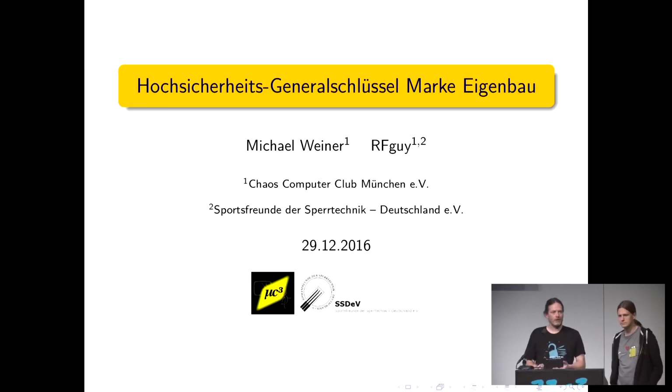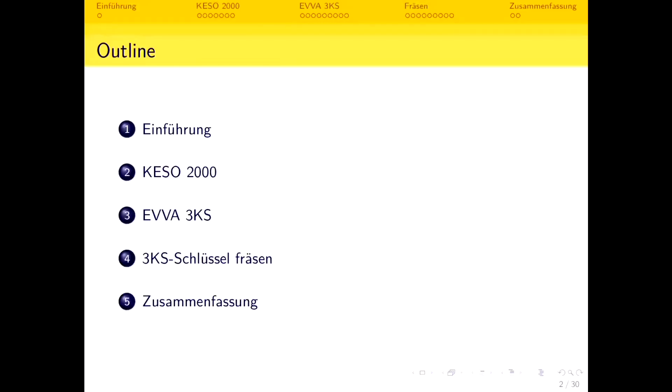Ray has also talked about this before. We're going to have that for your comparison. And then there's the 3KS system, so 3-curve system, which is used in many buildings. It's actually quite a sensible system, and we're going to show you how you can analyze one of these systems and use mathematical and logical procedures to create the master keys for these systems.